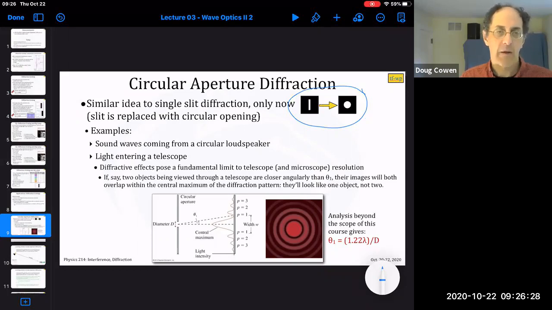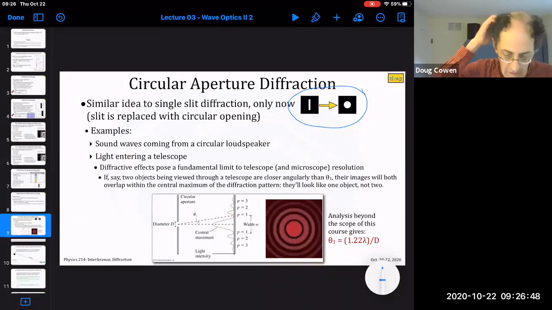Whether you're looking through a microscope or a telescope, you often want to do that. If you're looking at stars, you want to be able to tell whether this blob of light is 2 stars or 1 star. If you have good enough resolution, you can tell that it's 2 stars. Otherwise, you might be stuck and just say, well, it could be 1 or 2 stars. I'm not sure.